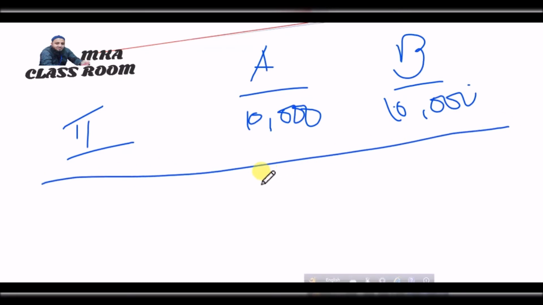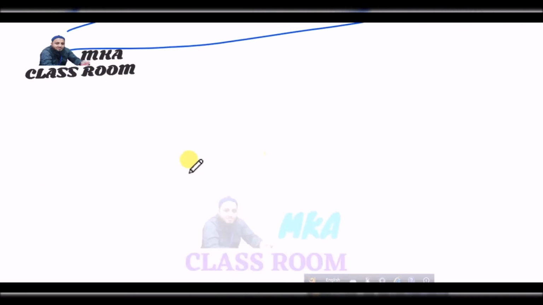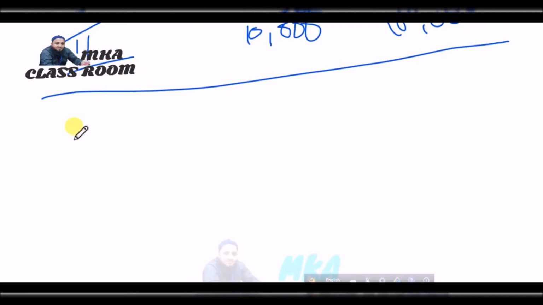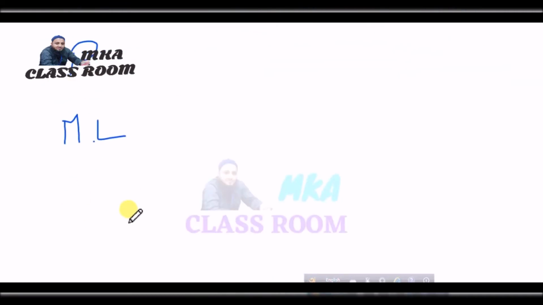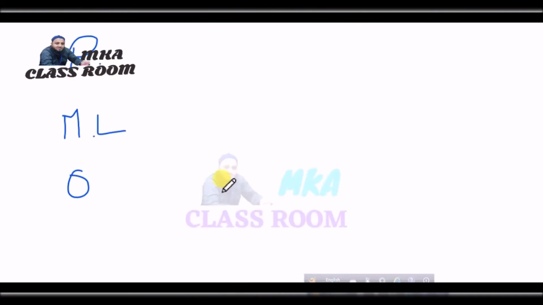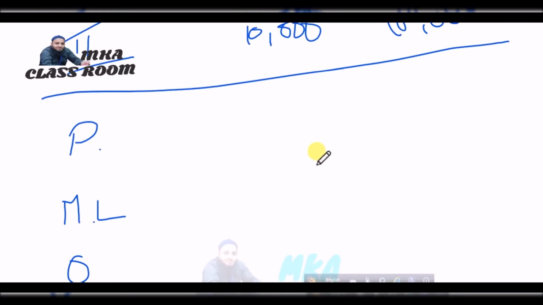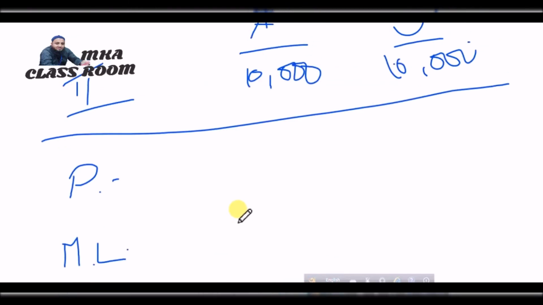So you know the scenario analysis has three scenarios: pessimistic, most likely, and optimistic. We know it very well. Three conditions: pessimistic, that is very bad; most likely, average; optimistic, very good.